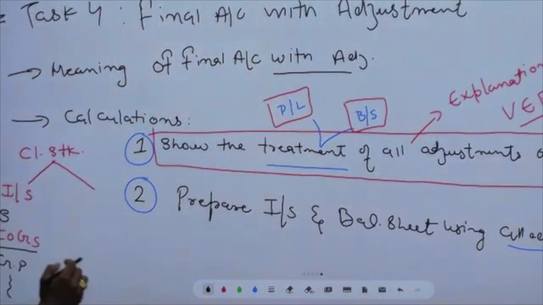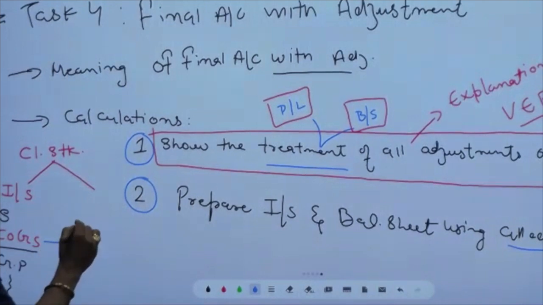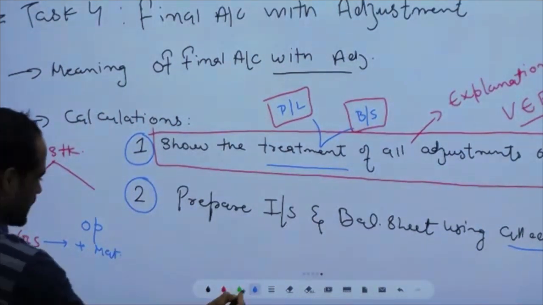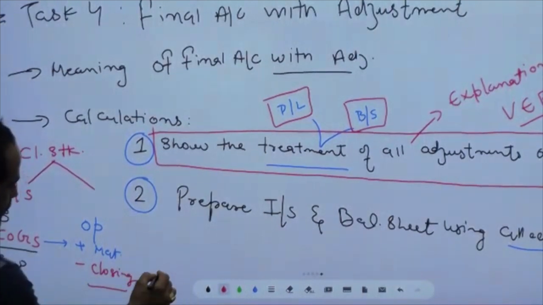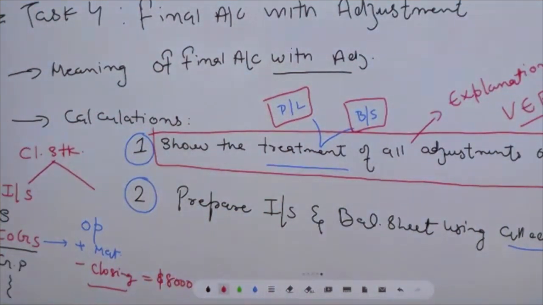In cost of goods sold, we have opening plus material less closing, which is whatever, let's say 8,000. That's the meaning of treatment of closing here. So closing is here.